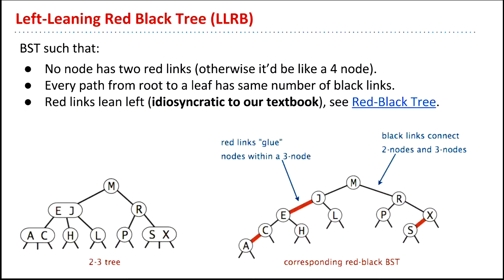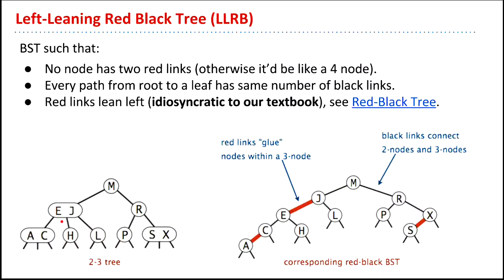So if we have two red edges coming out of one node, then that would be as though we had 3 nodes within a single 2-3 tree node. And the problem there is 2-3 tree nodes can have at most 2 values.